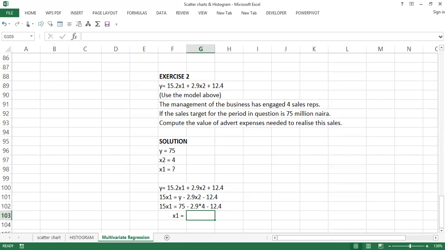X1 would be equal to 75 minus 11.6 minus 12.4.